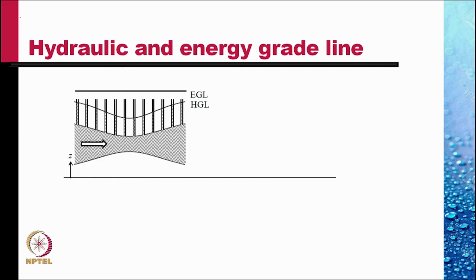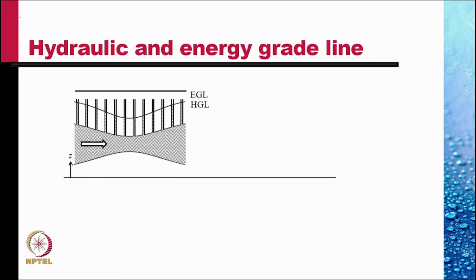Thus, the piezometric tubes attached to the channel would show a level of water first decreasing and then increasing as shown. This represents the variation of piezometric head along the length of the channel. It represents z plus P by rho g.